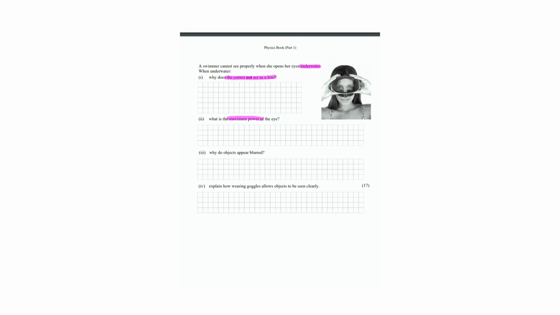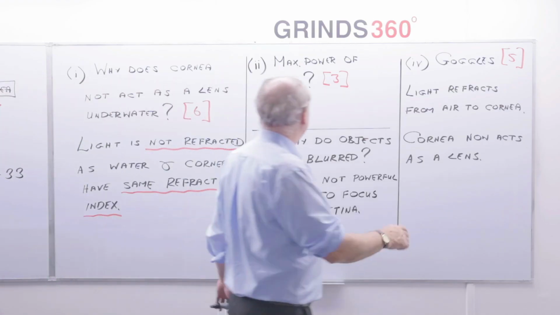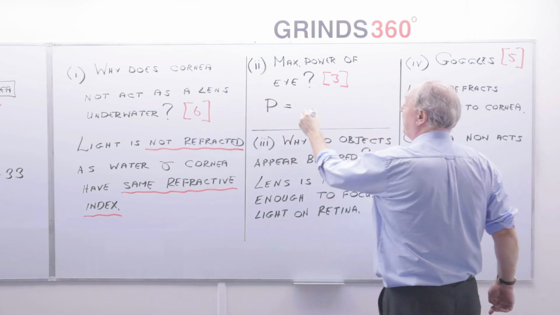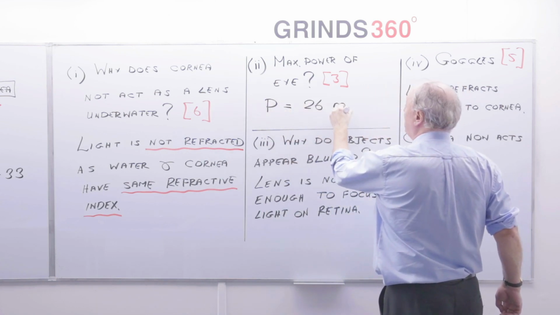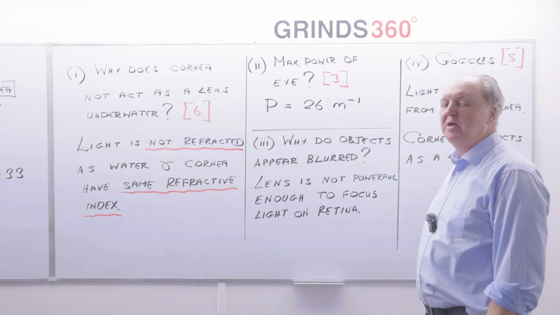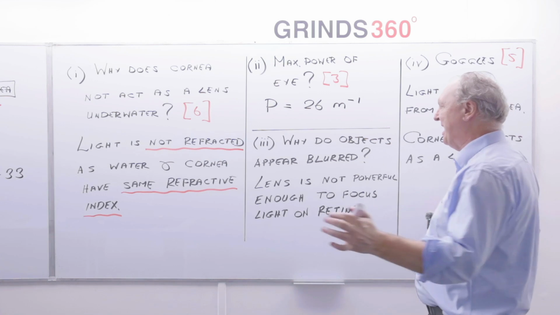And what is its maximum power? Well, we've already done this earlier. If you remove the cornea from the lens system, well, you're only left with your variable lens. And we saw that earlier. That was 26 per meter. That is the maximum power of the eye now, because it just depends on the variable lens.